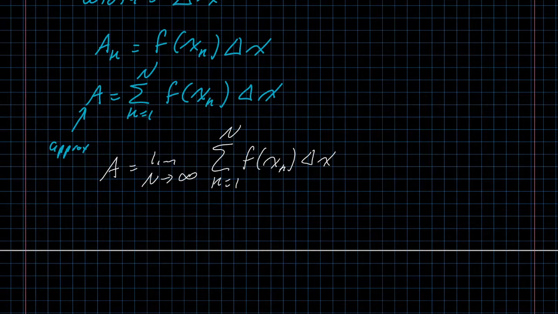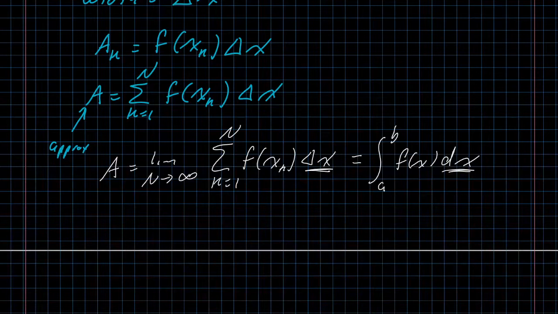And the more intervals we get, because delta x is the width of the interval divided by n, that delta x at the end becomes infinitesimal. And that's why delta x as n goes to infinity becomes the infinitesimally small differential dx. By the time we've gotten to this form, we are looking at every instantaneous spot going across the x-axis.